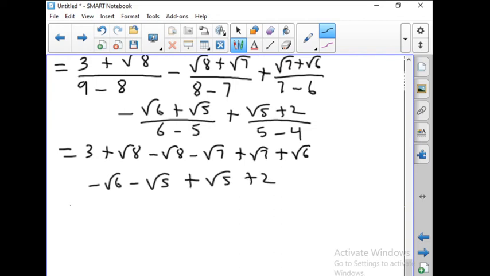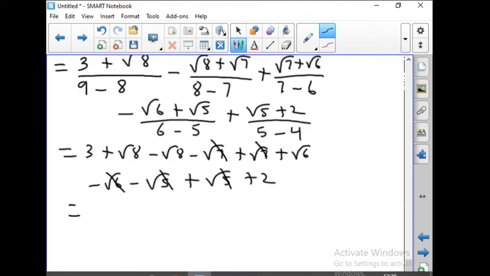So here what are the terms which get cancelled? Root 7 minus root 7, root 5 minus root 5, root 6 minus root 6, root 8 minus root 8. Everything gets cancelled. So the remainder is only 3 plus 2, which is equal to 5.